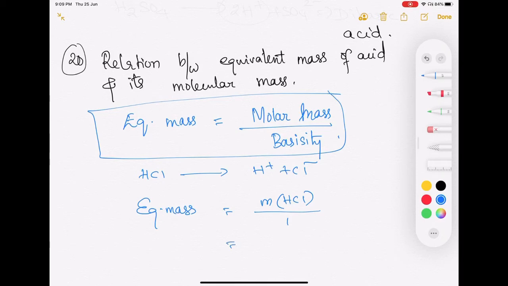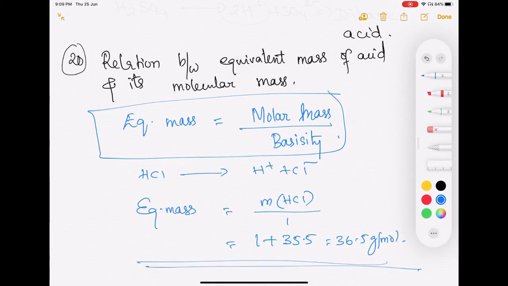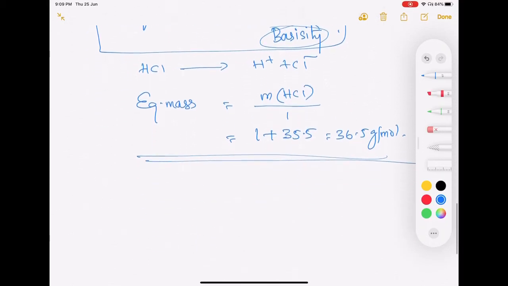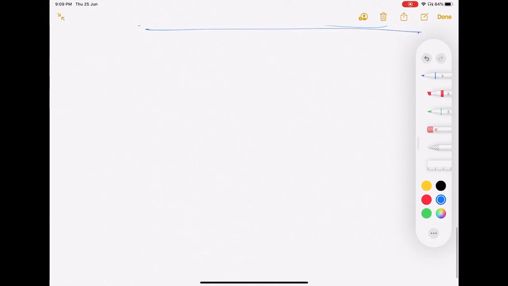So it is same as the molar mass of HCl, that is 1, plus molar mass of chlorine is 35.5, that is 36.5 gram per mole, indicating the equivalent mass of hydrochloric acid, which is same as its molecular mass, because basicity is 1 because HCl is a monobasic acid. So this is the concept regarding that VIVA question.